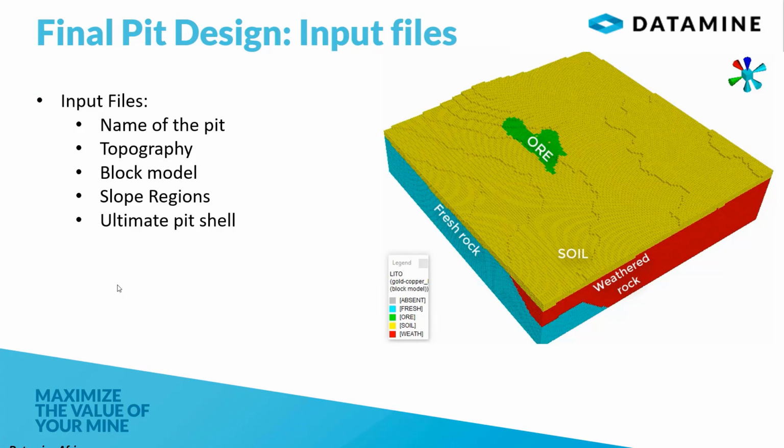So what we need for this exercise is the topography and the block model. The block model we got from Haja. We are also going to need the slope regions, from the NPV, the one that Haja has chosen as the ultimate or optimized block model. And we are going to use the ultimate pit shell to guide us to obtain the optimum pit.